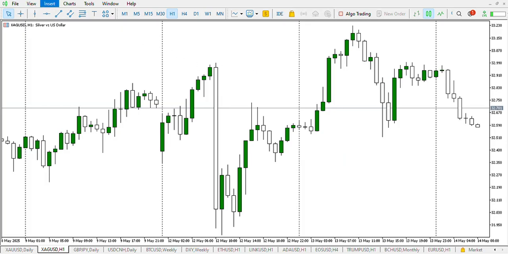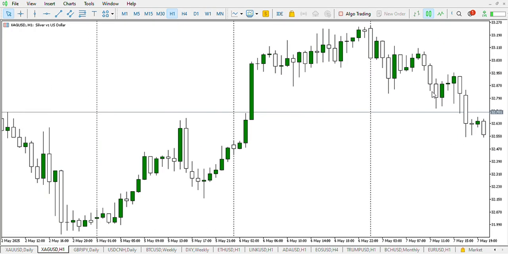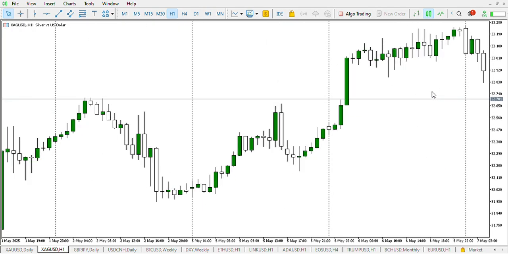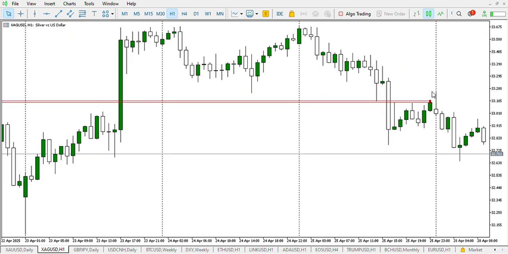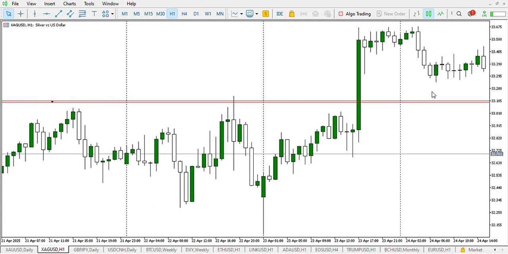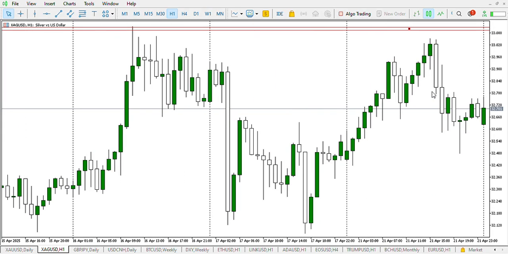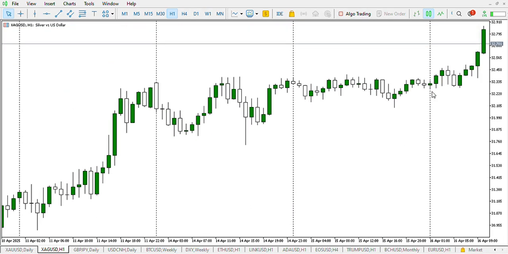The 1-hour is simple. Just do the same. And see this zone, price broke it, and the institution put their supply there. So you have nothing to worry about once you understand these principles.